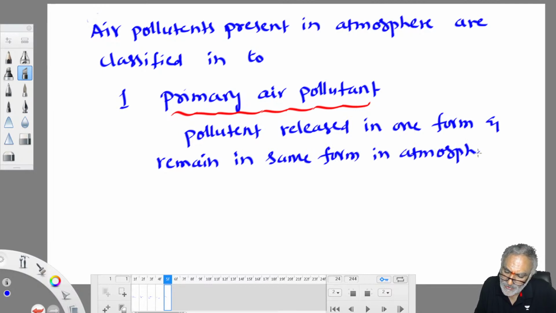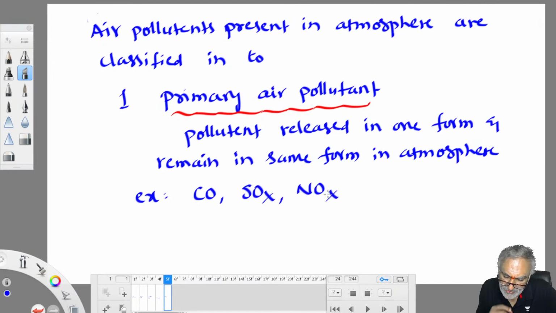The major primary air pollutants are carbon monoxide, oxides of sulfur, SOx they are called, oxides of nitrogen, particulates, etc., particulate matter.